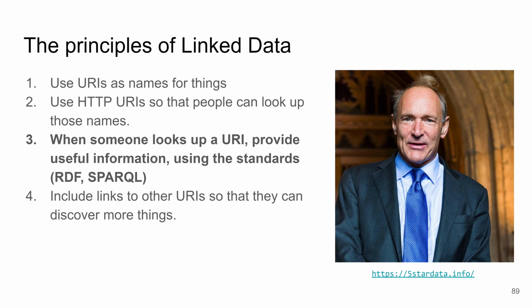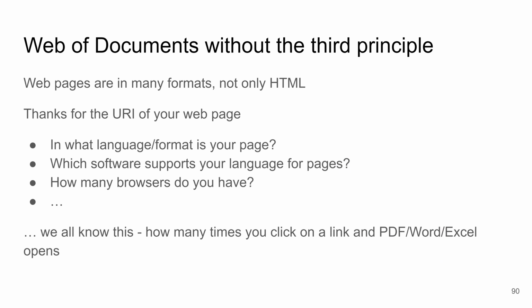Now the third principle: when someone looks up a URI, provide useful information using the standards, which are RDF and SPARQL. We already talked about RDF, so we know what the standard way looks like.